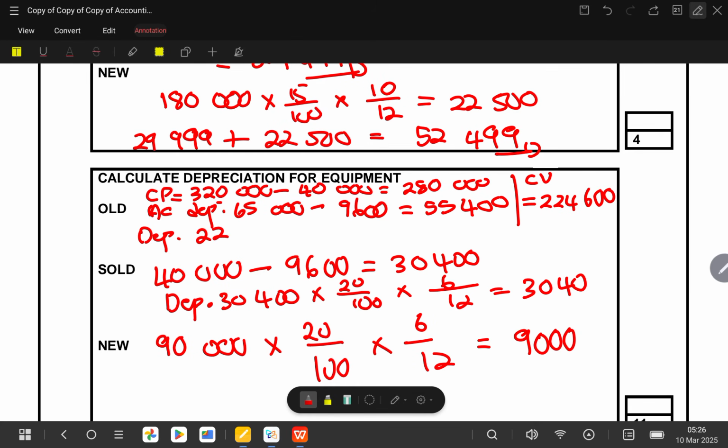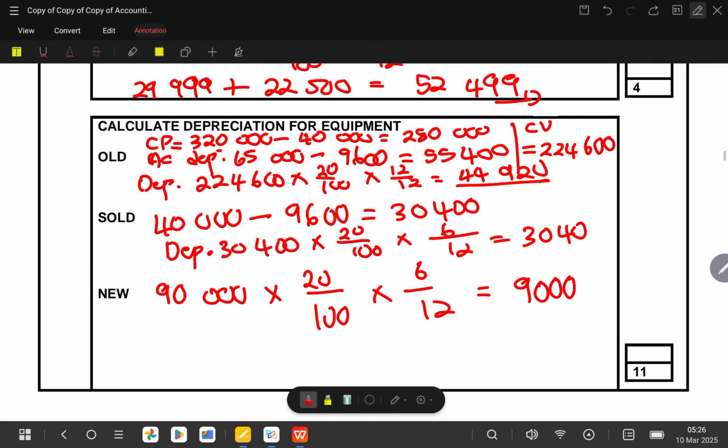So say 224,600 multiplied by 20 over 100, and then multiplied by 12 over 12. Remember, the old ones were with us for the whole year, so it is giving you 44,920.